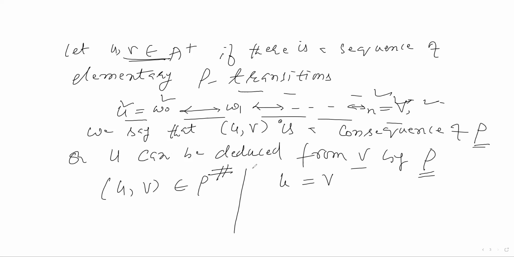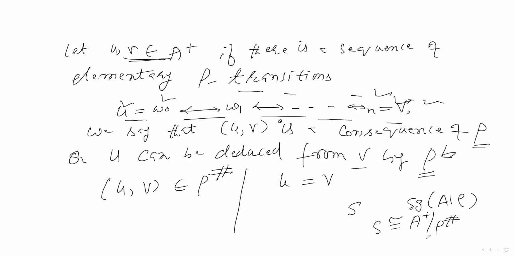Okay, the next result says that there is a connection between u can be deduced from v by rho and semigroup presentations, because all we have is that if S is presented by this presentation, then by definition S is isomorphic to A plus over rho sharp.